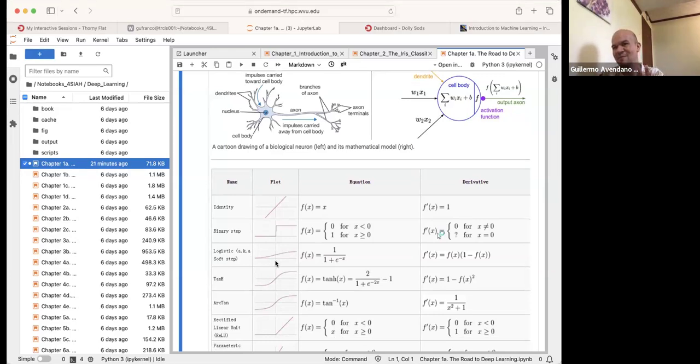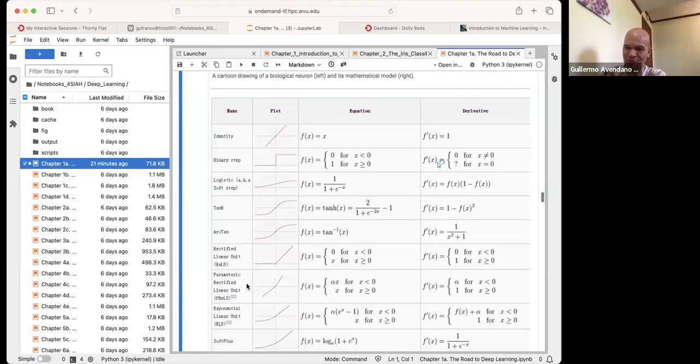Some people can survive or be happy with moving away from infinite differentiability and use other functions. Some of them, for example, the ReLU, is very popularly used. It's 0 up to a certain point and linear from that point and beyond.